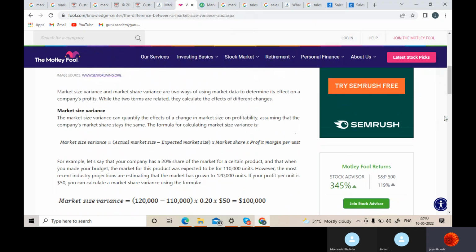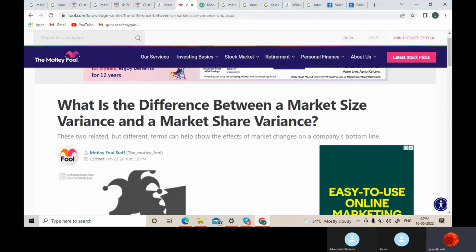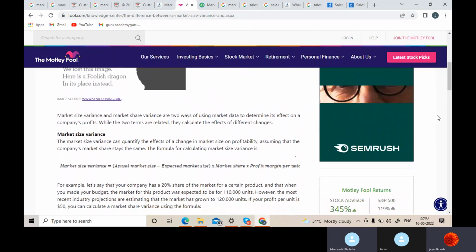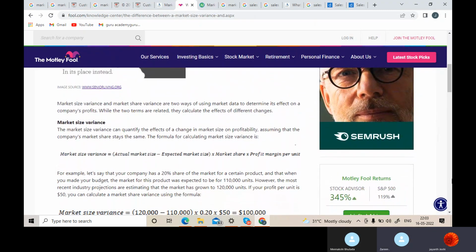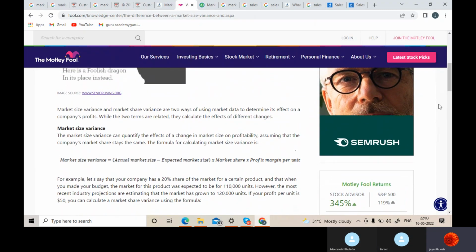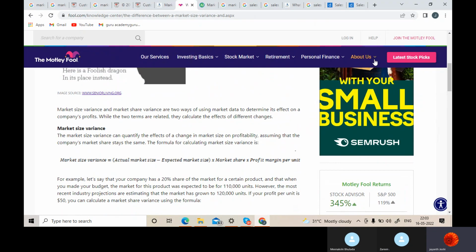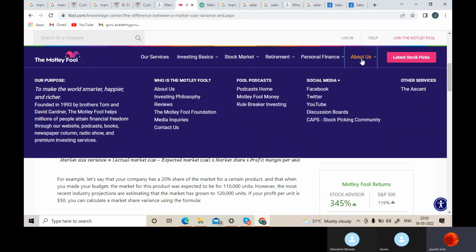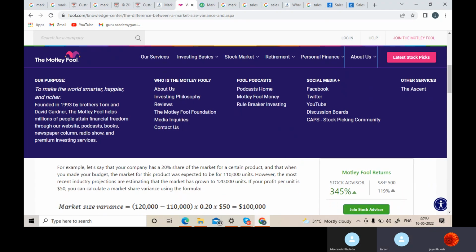Now do this question. Here is the example, and you have to find out market size variance. Come on, I'm waiting. It's the same question, I doubt. Correct? No, quite different. Units are different.